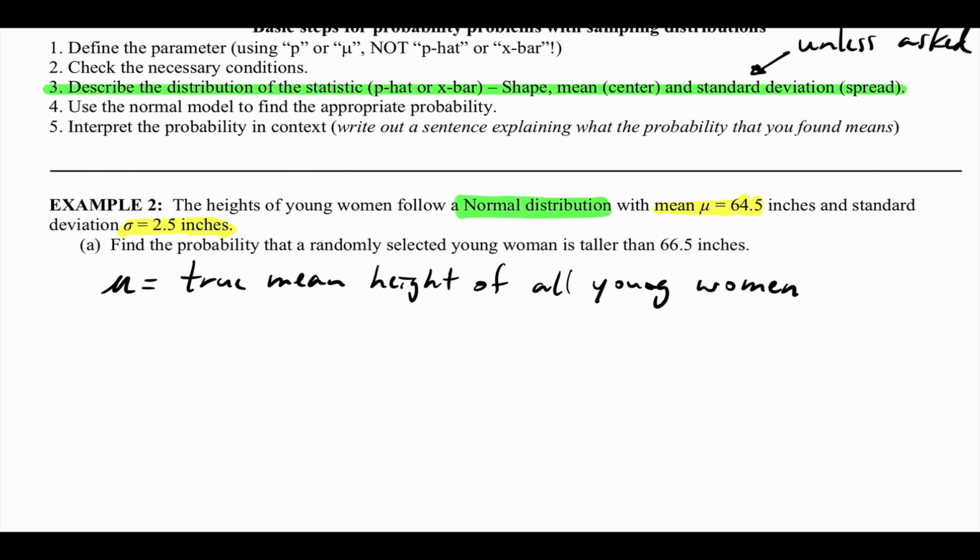Check necessary conditions. It's kind of a trick question. When do we have to check conditions? When do I have to do these 3 conditions that we did last week? What was the reason behind doing conditions?